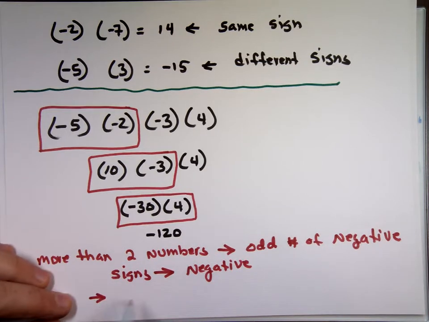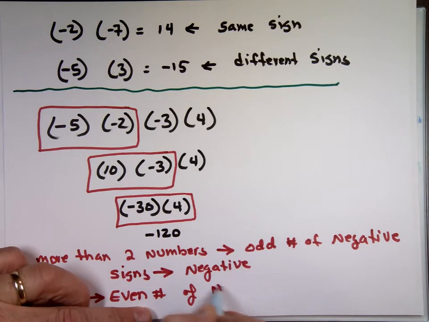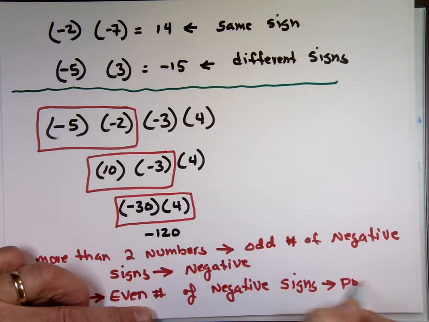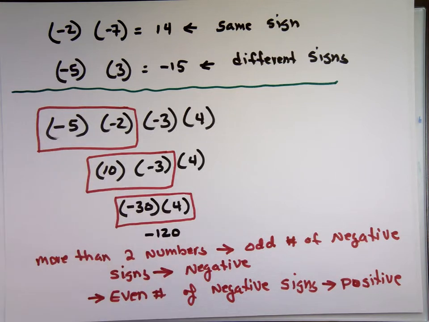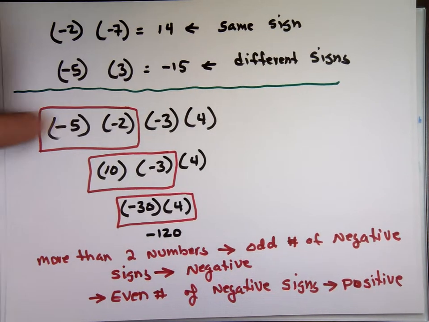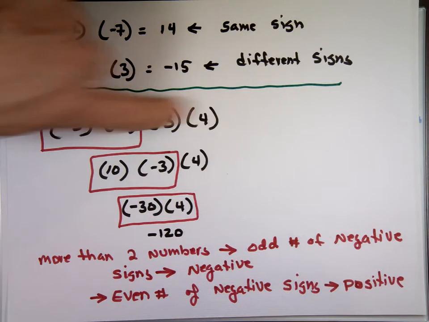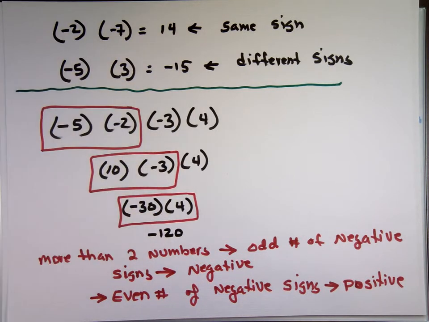With an even number of negative signs, the result will always be positive. So if you don't want to go step by step like this, you go 1, 2, 3. I have 3 negative signs here. Is that odd or even? Odd, so the result should be negative. If I have an even number of negative signs, my answer at the end should be what? Positive. A lot of people will use that method, or you can go two at a time. Either way.